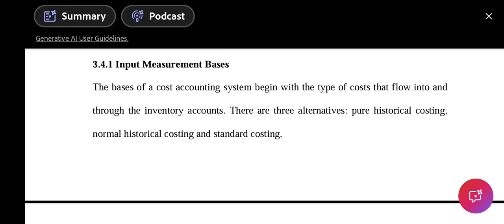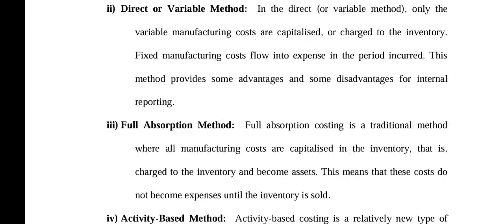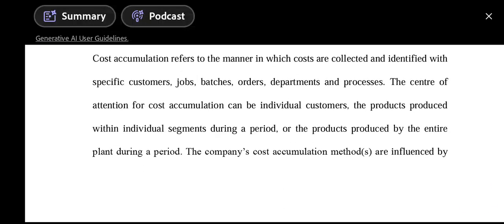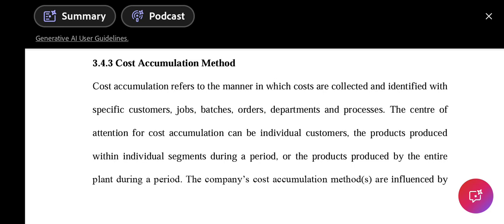Now let's go and look at the third part of cost accounting system, as we can see here, which is the cost accumulation method. Cost accumulation refers to the manner in which costs are collected and identified with specific customers, jobs, batches, orders, departments, and processes. So do you understand?